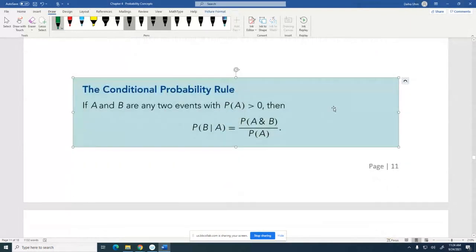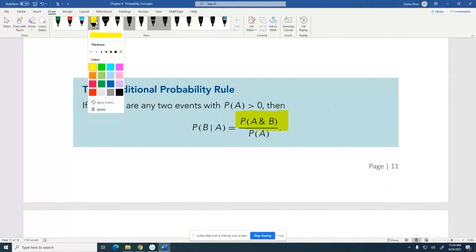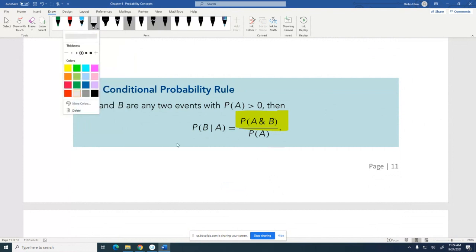Yes, here. The conditional probability: A and B over the marginal probability of just A. Who was that? On the left-hand side, B given A.